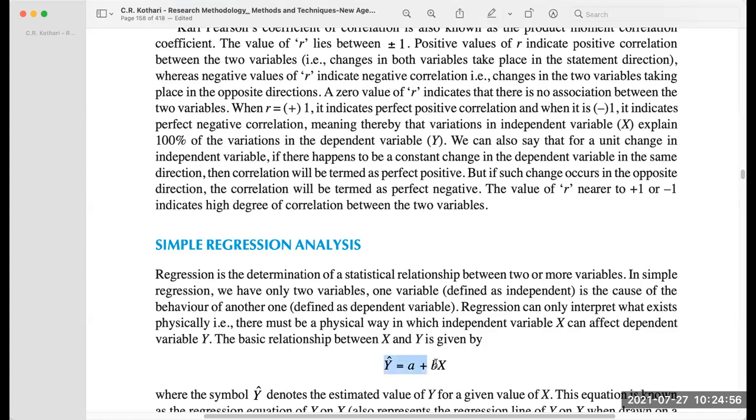And you may know that generally we represent it like that. Basically, you know that there should be two variables: one is the independent variable, one is the dependent variable. Here, Y is the dependent variable that depends upon the value of X.